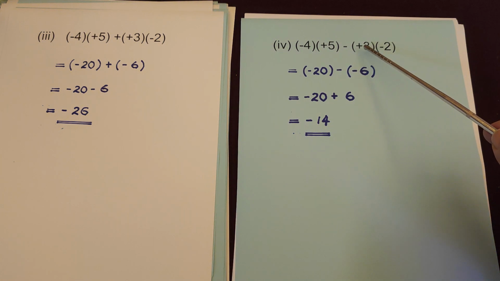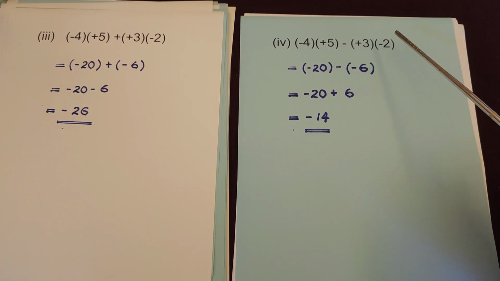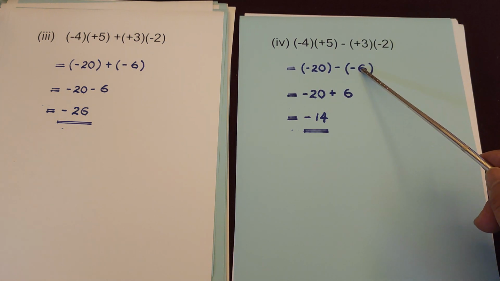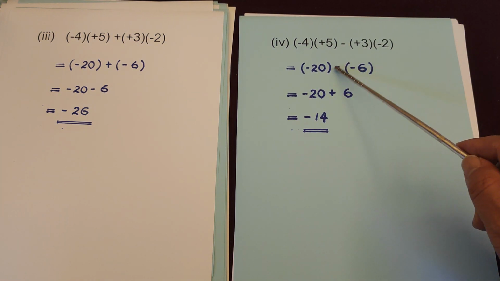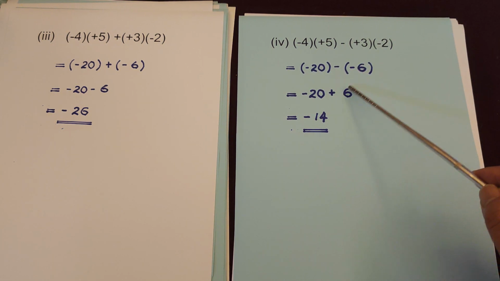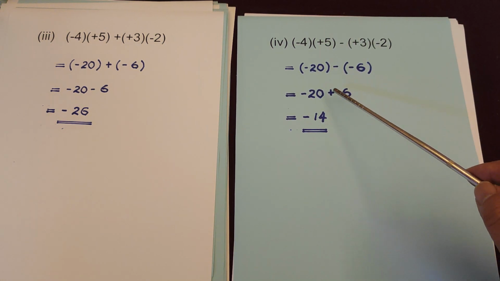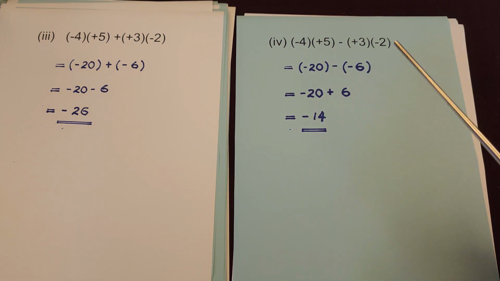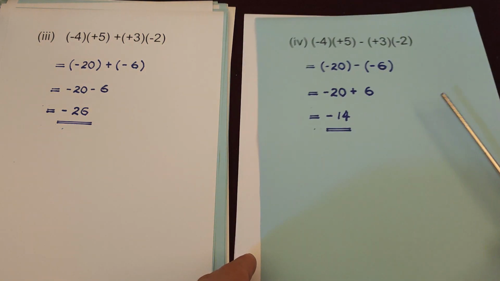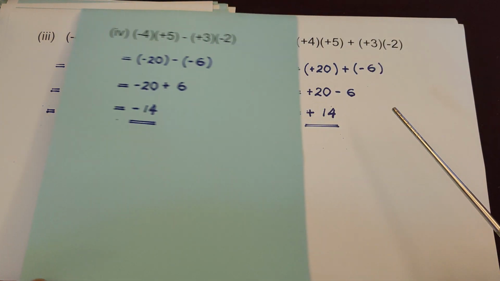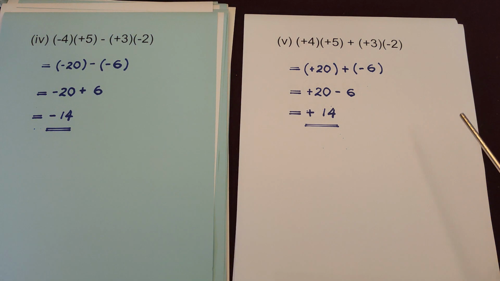And here these two signs differ, and we have a negative result, so it becomes negative 6. And this one has the same signs, so we have a positive result, so we have positive 6 here. Then we have negative 20 and positive 6, that gives a result of negative 14. The result is negative 14.